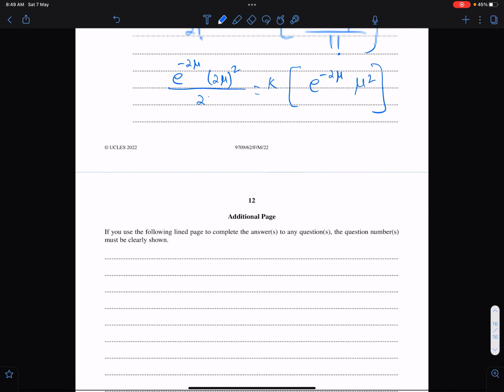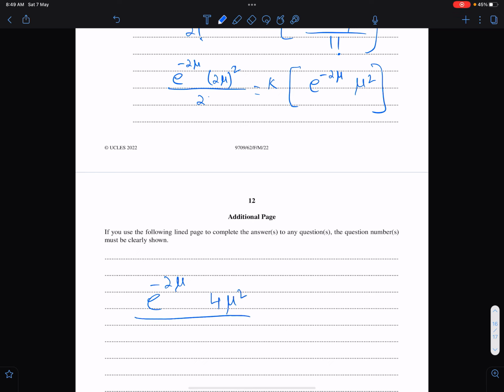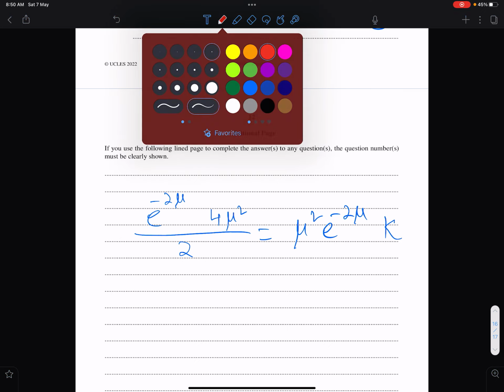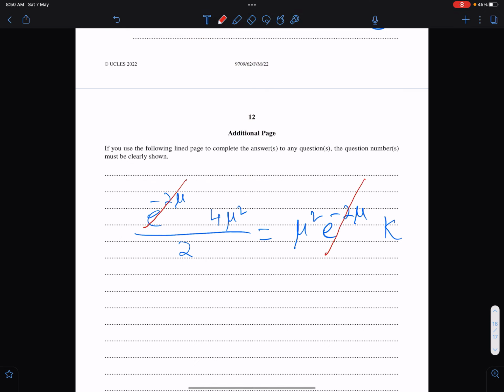So we have e power minus 2 mu, 4 mu square over 2 on left hand side, and mu square e power minus 2 mu times k on right hand side. We have to cancel this with this, mu square with mu square. So we have k is 4 upon 2, which is 2.